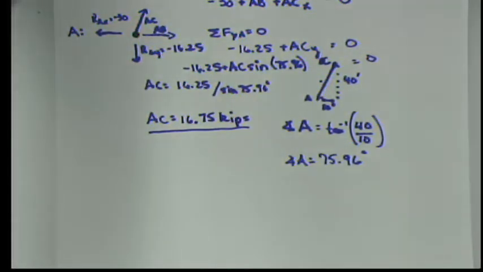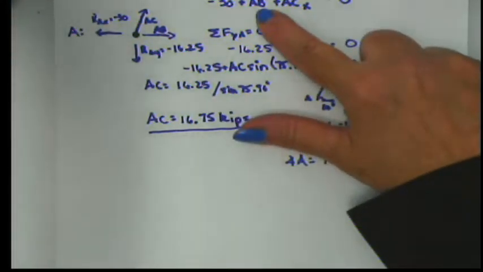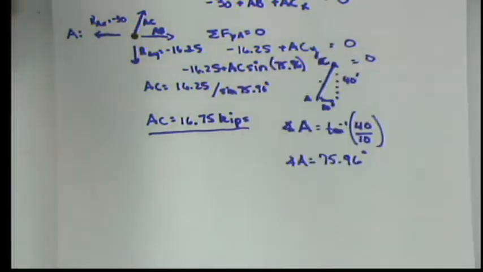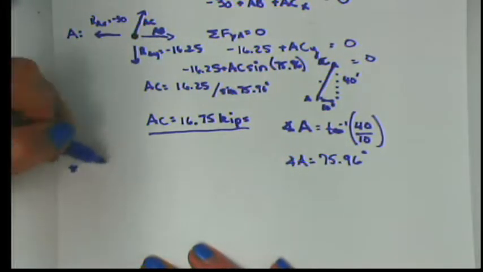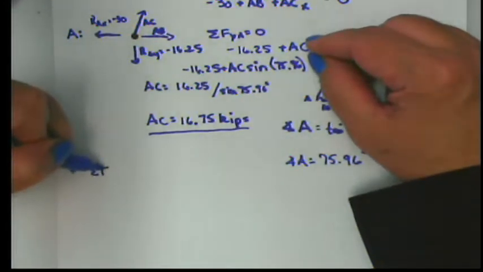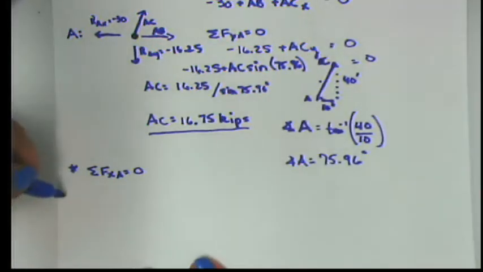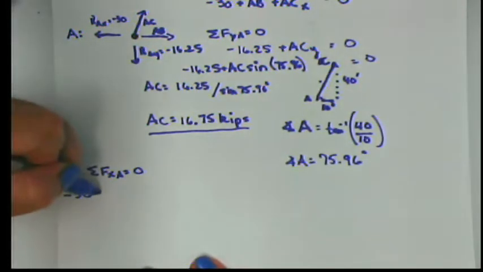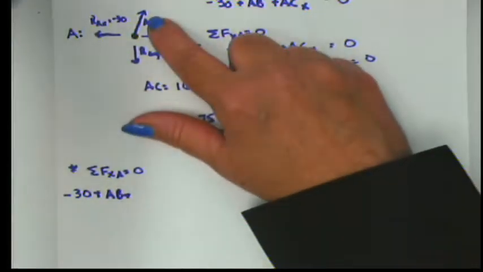All right. Now, the next thing I could do is solve for AB, since I have this x equation. So I'm just going to bring this down over here. And I'm going to say, just repeat, the sum of the forces in the x direction going into joint A equals 0. Negative 30 kips plus AB plus, the way I have it drawn, and you should always stick to your picture, even if you don't know if it's right or wrong.